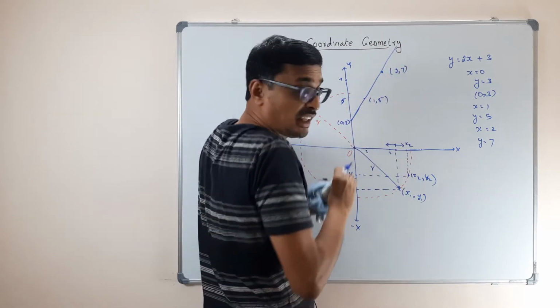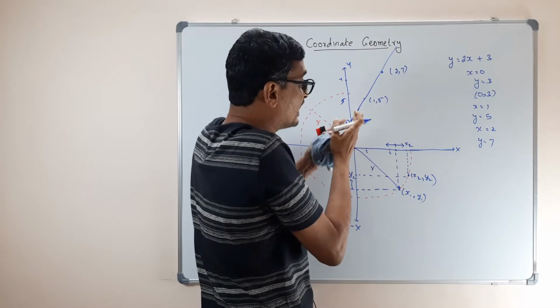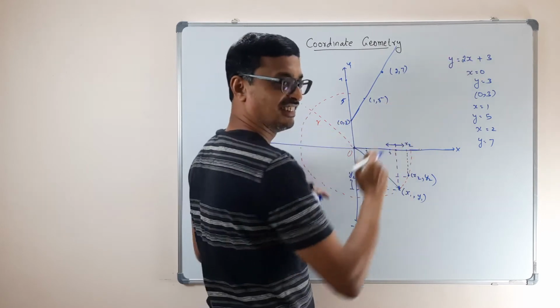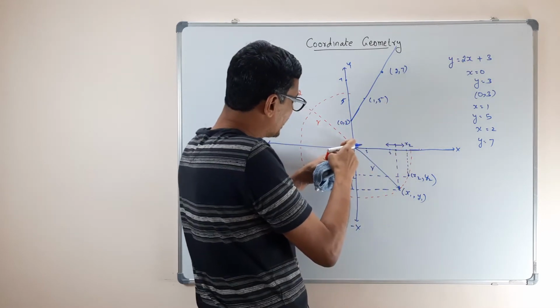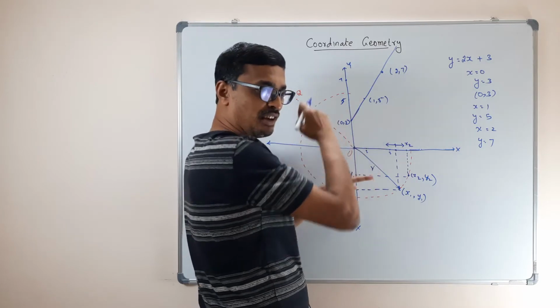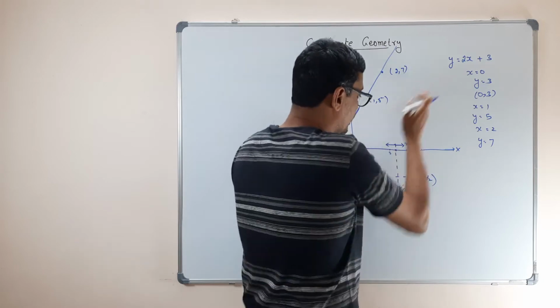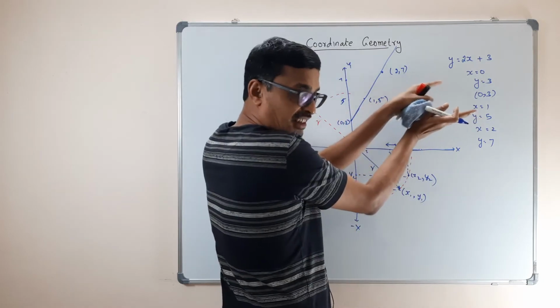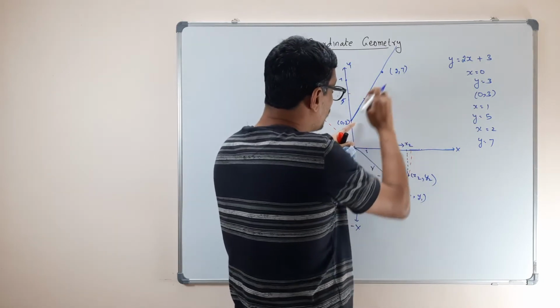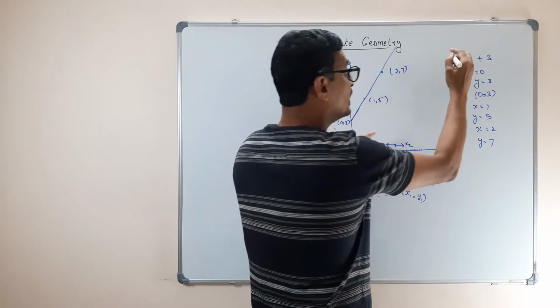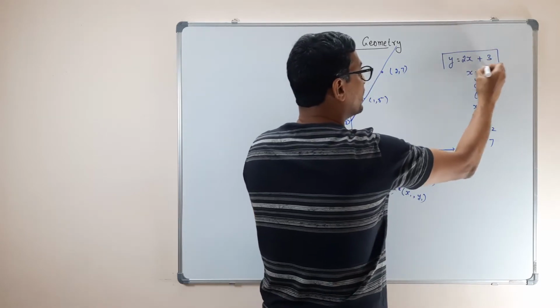Correct? The set of points which satisfy this condition. Here, what happened? The condition was being equidistant from a point. A perpendicular bisector is equidistant from 2 points. Okay, an angular bisector is equidistant from 2 lines. And this is a set of points which follow this equation.